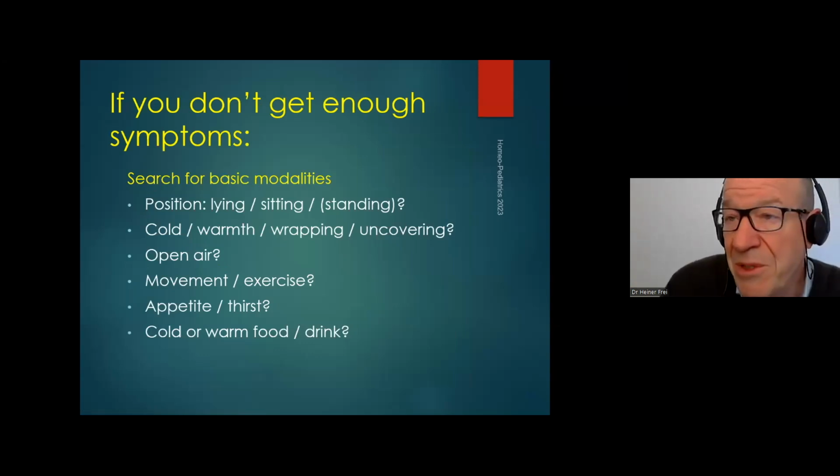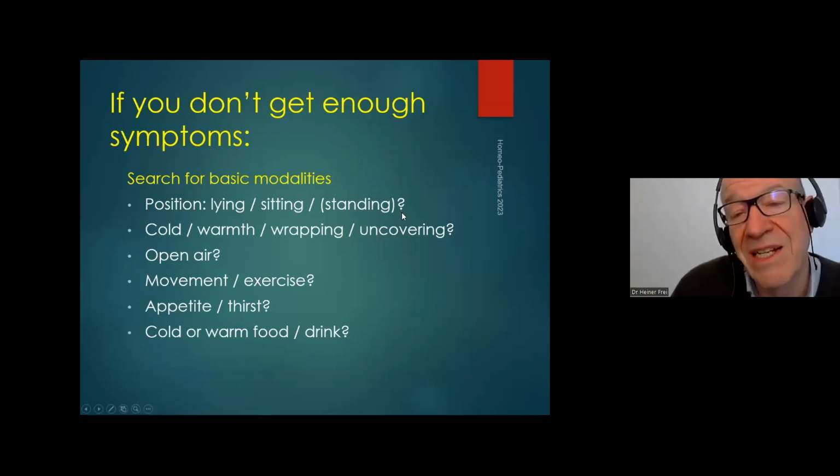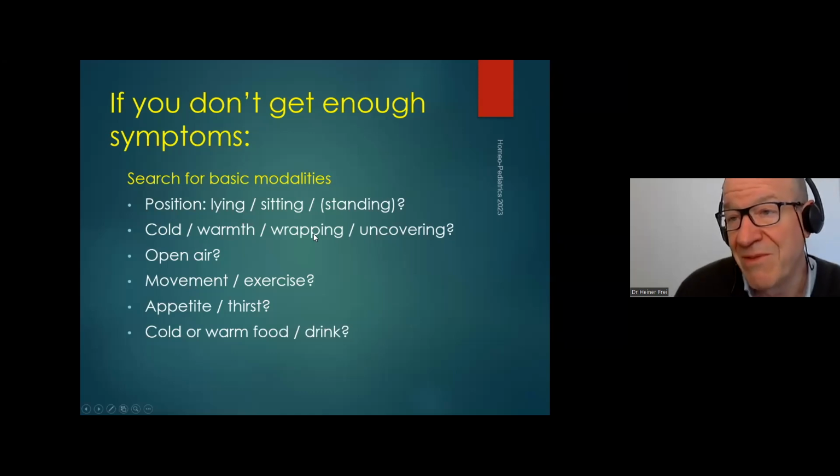What do you do if you don't get enough symptoms? You must search for basic modalities. Basic modalities are the position of the child. Is a baby better when lying or when sitting or standing for an older one? Is it better in a cool environment, in a warm environment? Is it better when you cover it or when you uncover it?